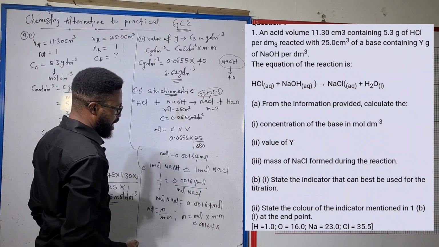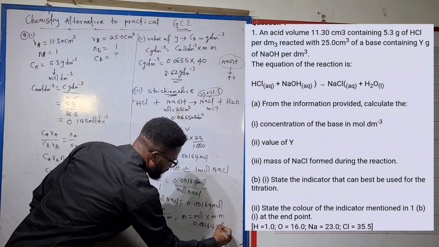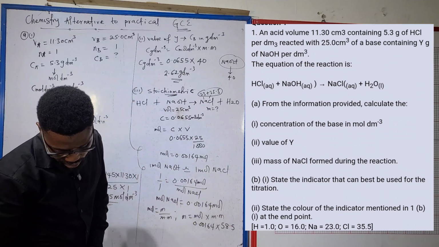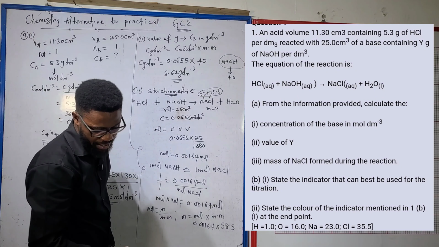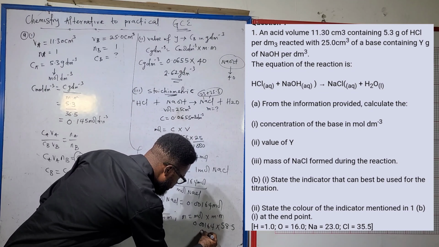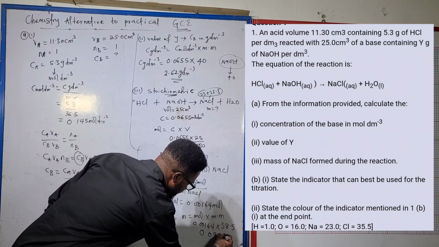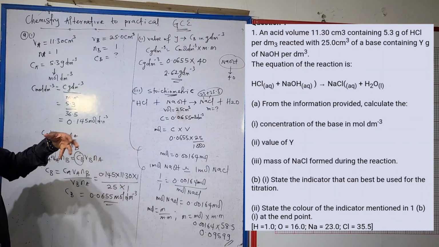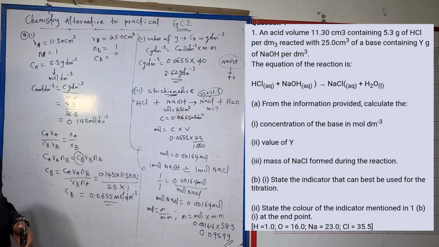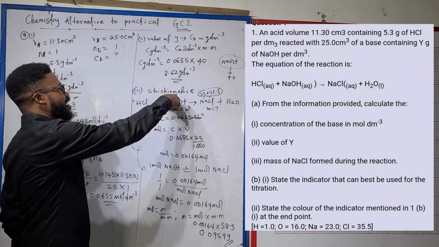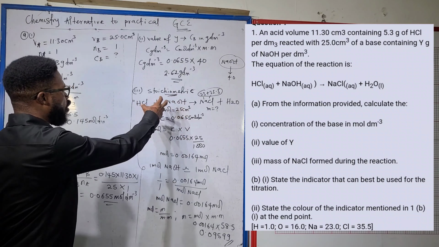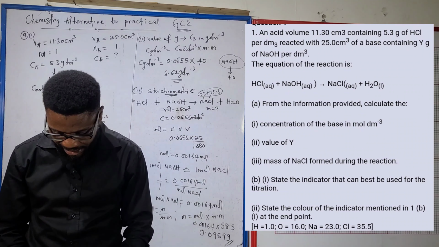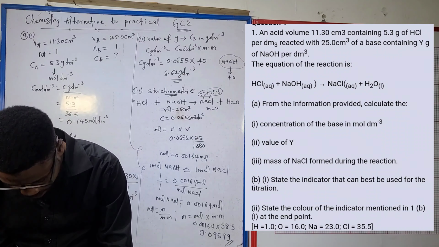You take this together, that will give you 58.5. You multiply this together, you're going to get 0.0959 gram. Yes, that is the mass of sodium chloride formed from 25 cm cube of sodium hydroxide as you have in the question. So that answers question A3.